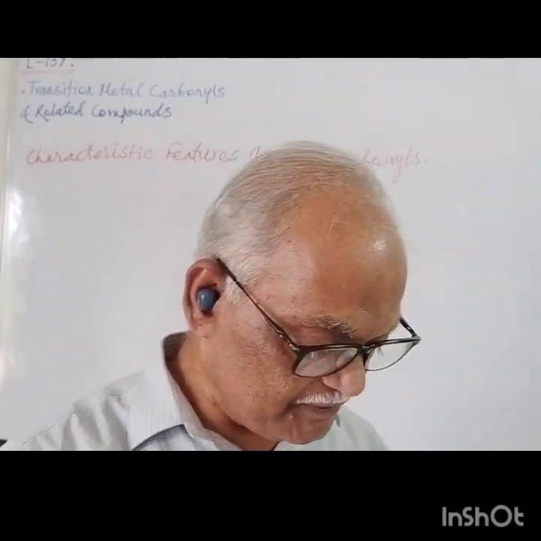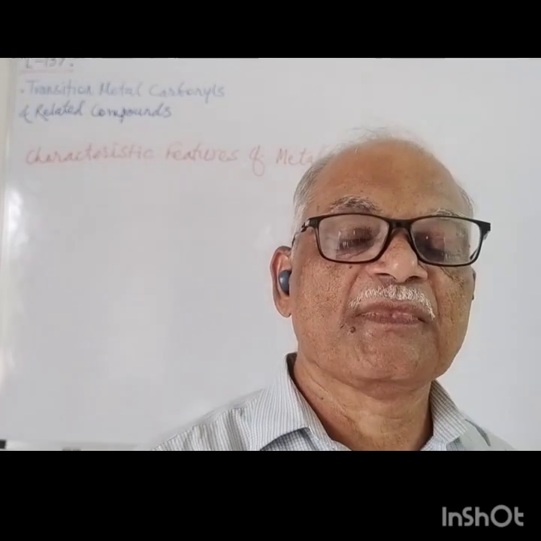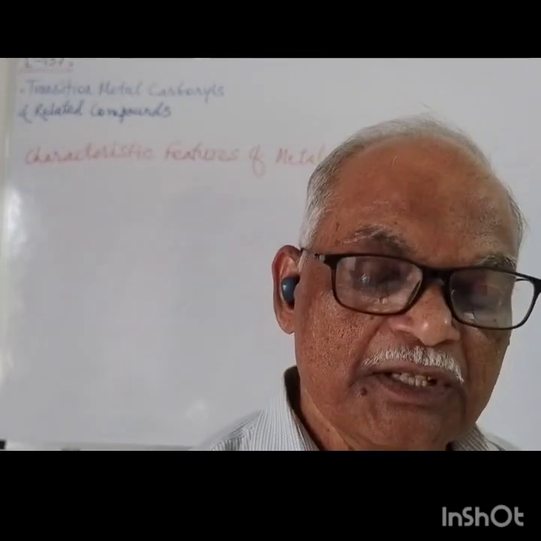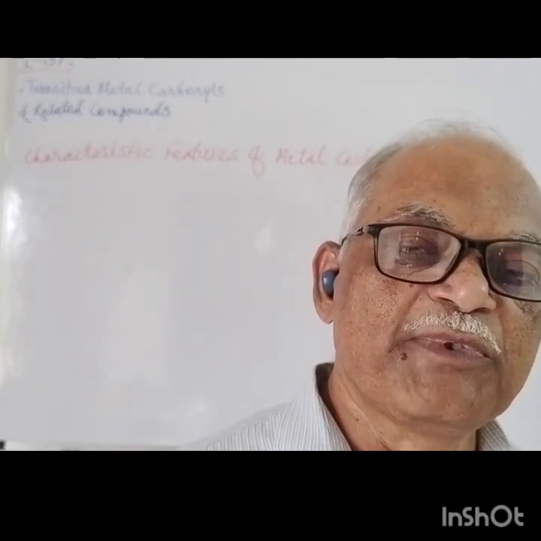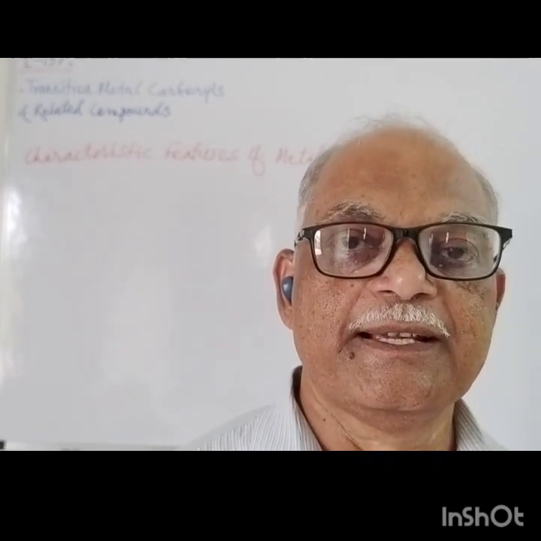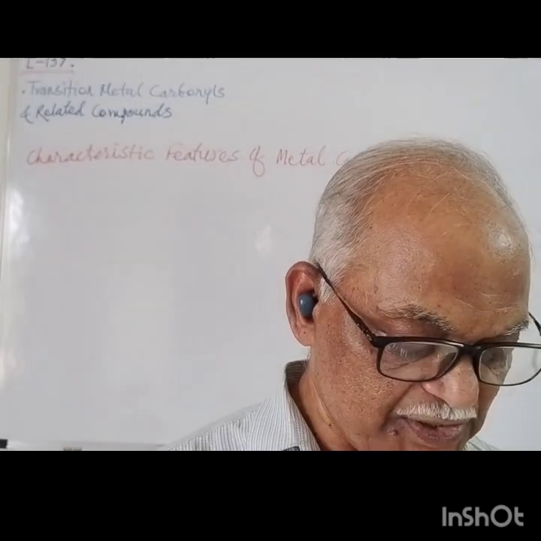So in this case, we have to see how these metal carbonyls form, what are the basis of the formation of these metal carbonyls, and what are its applications. What are the basis for the applications?